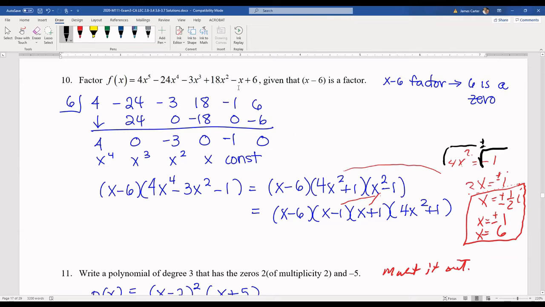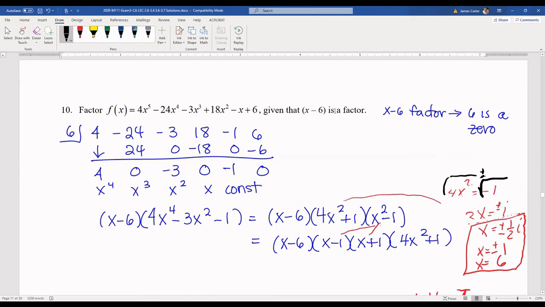Okay, in this case, we check to see if we have any missing degrees. The answer is no. We're going to test x minus 6 to be a factor. Okay, well, that means we're going to try positive 6. Bring down, multiply, add. Multiply, add, multiply, add, multiply, add, multiply, 0 remainder.